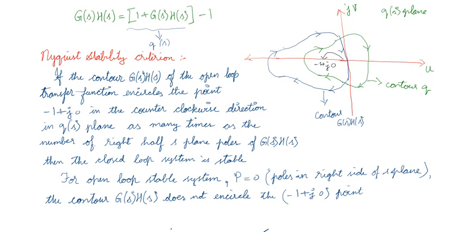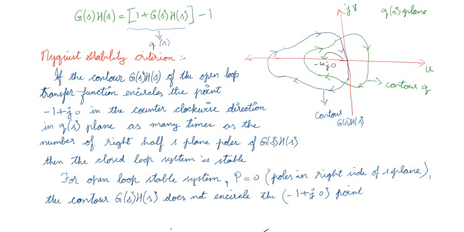Okay, you can understand this relation, right? In the Q(S) plane, look at the green lines. This green line is for 1 plus GH. 1 plus GH is the characteristic equation, which is very important to determine the stability. It becomes GH when I subtract 1.